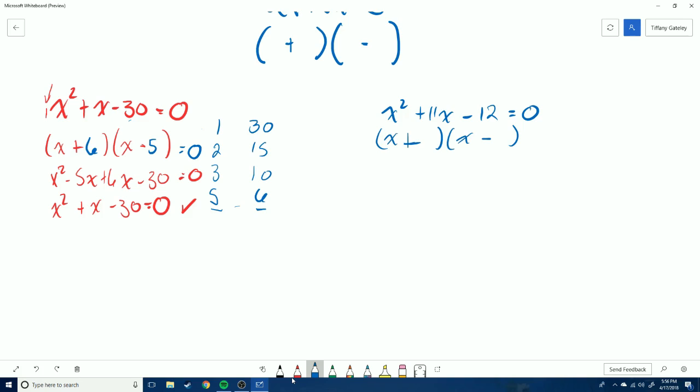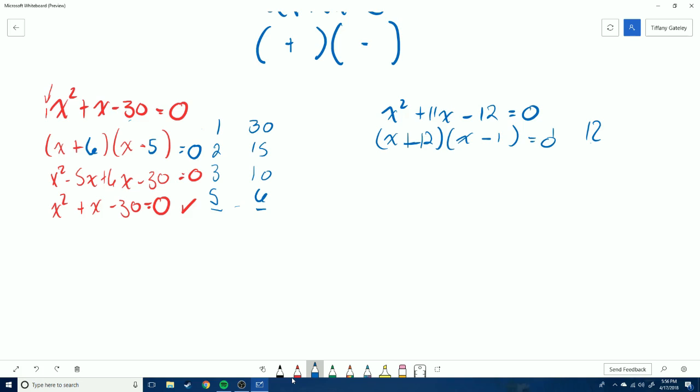And then we're looking at factors of 12 that will subtract to get 11, and that's pretty simple because you have 1 and 12, 12 minus 1 is 11, so 12 is your bigger number. That goes with the plus, and then x minus 1 equals 0. And then we can check that by using FOIL.